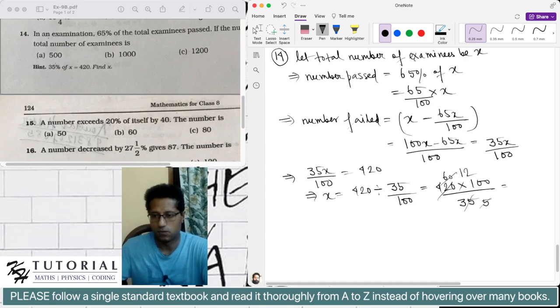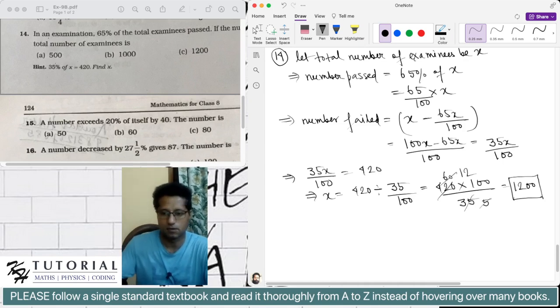So this is equal to 1200. So the total number of examinees was 1200, and hence the correct choice is C. C is the correct choice.